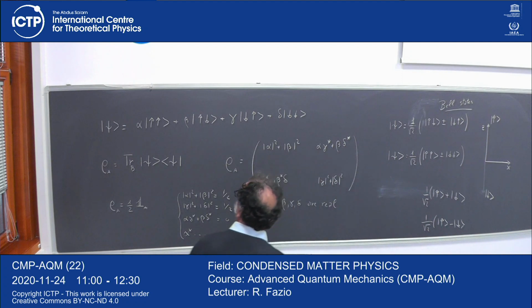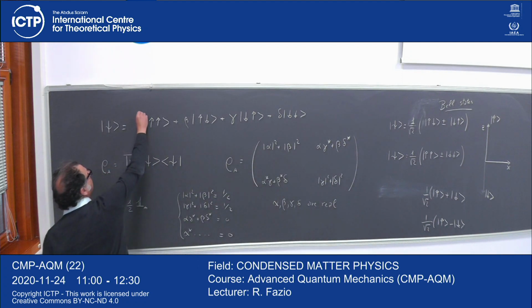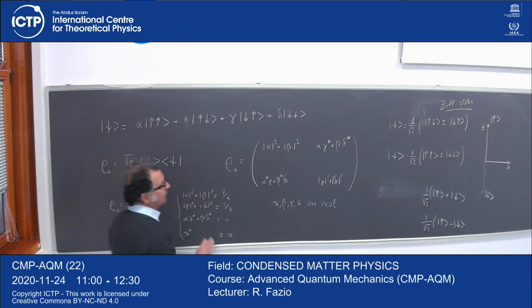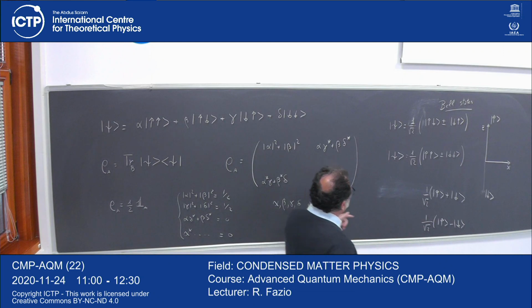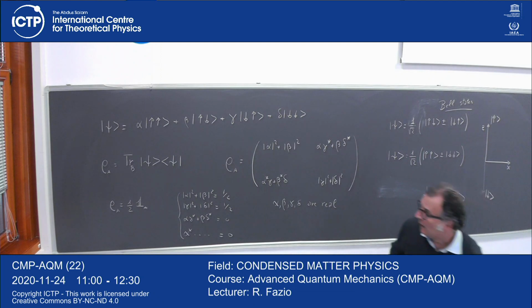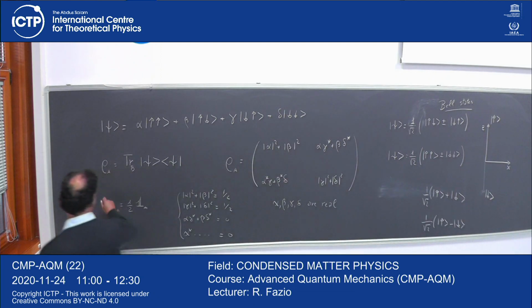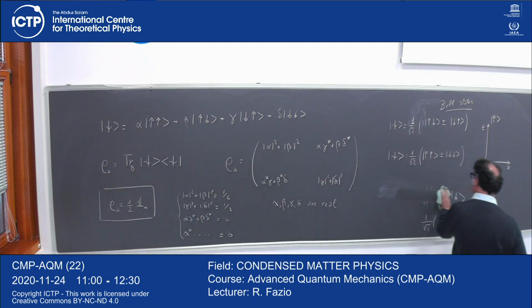So for instance, if you apply a rotation here to the spin A, basically you get another family of states which obey these relations. Let me write it explicitly.